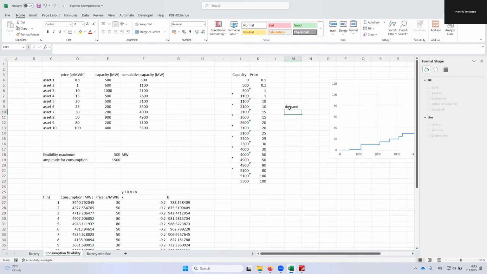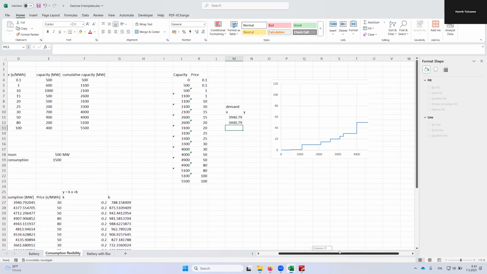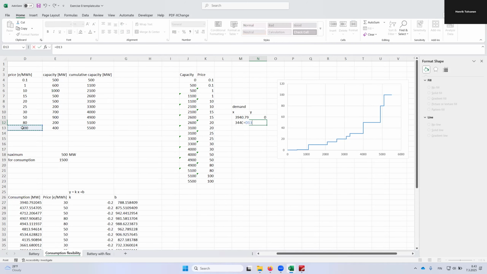So demand X and Y. And for X, the first thing we have this one. And the next one is going to be this one minus flexibility. So first is 3,000, or rather close to 4,000, and the final value is going to be somewhere in between here. So this is going to be 0, and this is going to be 100.